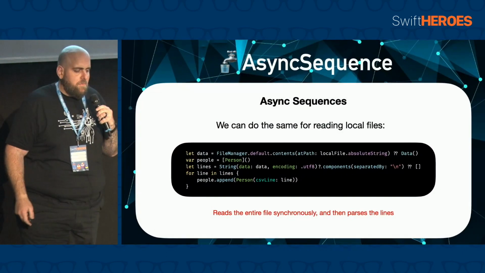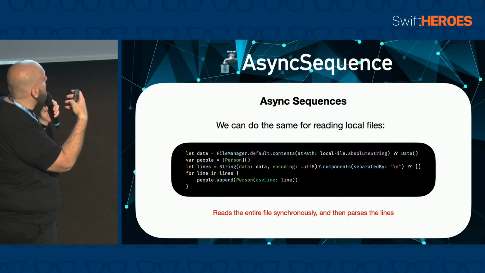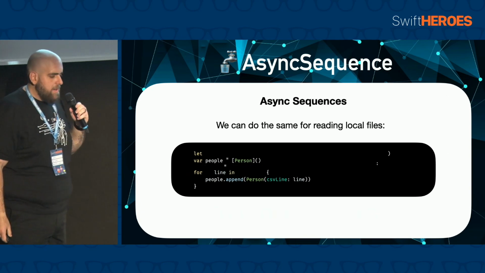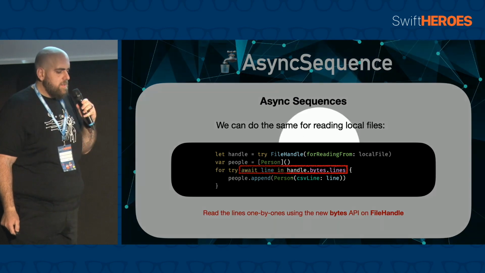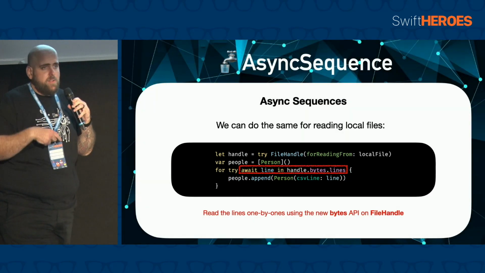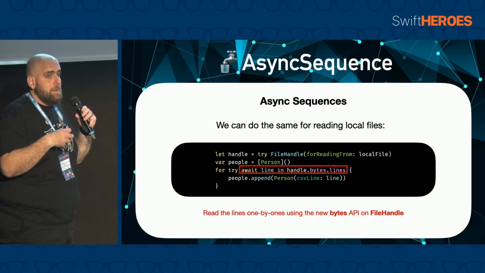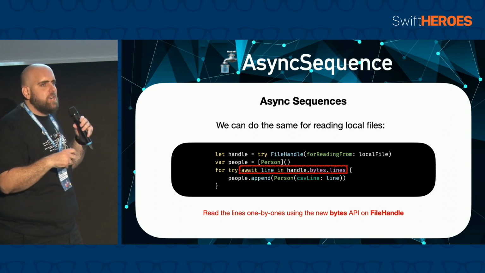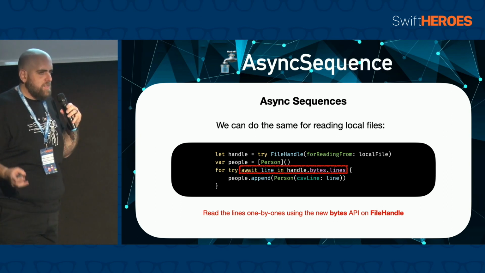You can do the same with files, actually. Instead of having to load the entire contents of the file, you can use this new API of FileHandle that gives you handle.bytes.lines. So you can iterate over the lines in a file locally on your system without having to put the entire file into memory and process the entire chunk of data together. So again, very useful and very efficient for processing a lot of data.